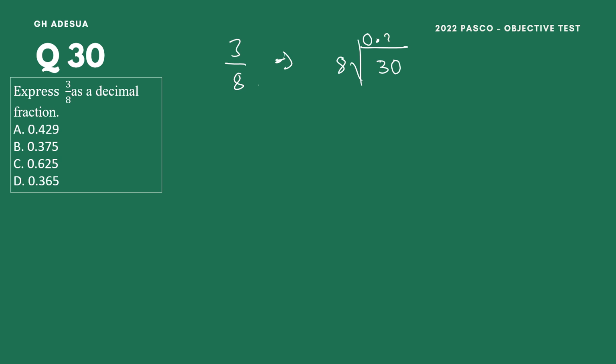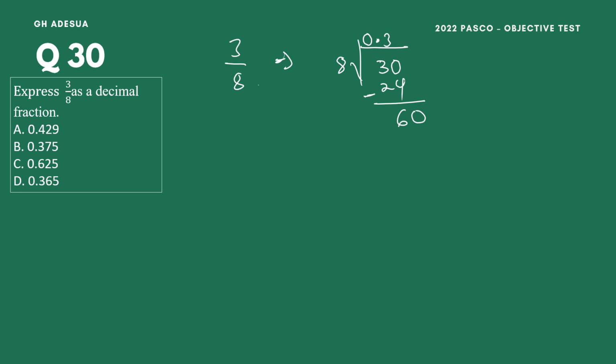So we have 3 times 8, which is 24. Do subtraction. 24 from 30 gives us 6. Because of the same decimal point, we bring down 0 to make 60.